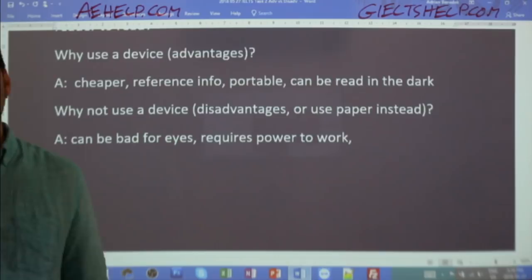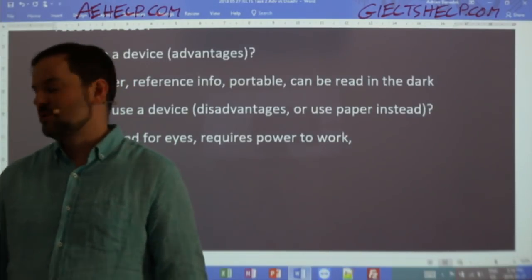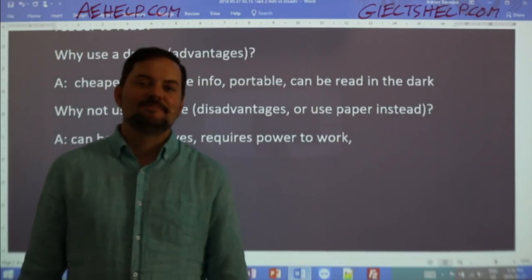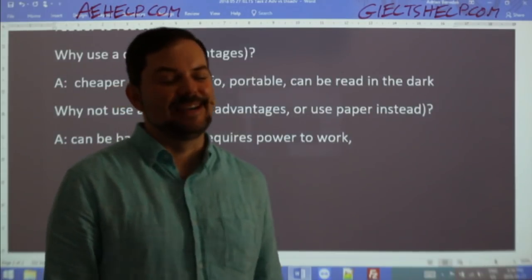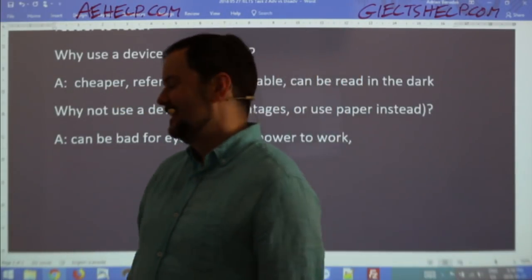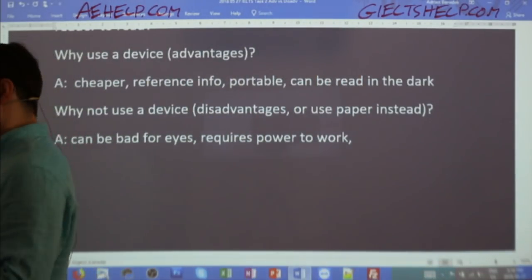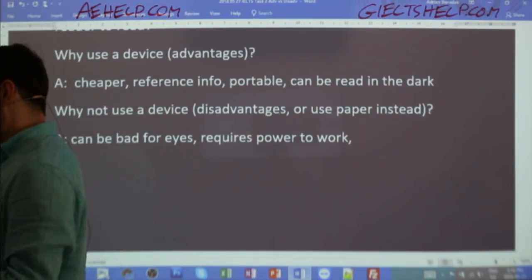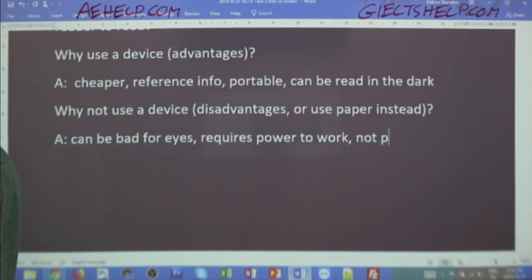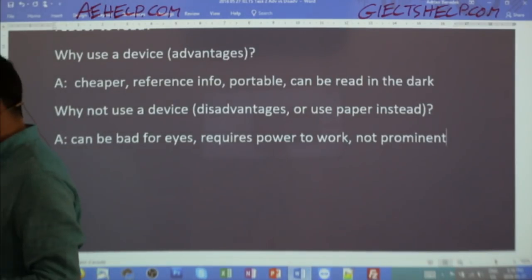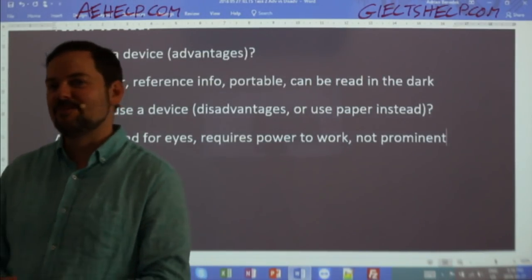So can be bad for the eyes, requires batteries to work. Anything else? There's actually something that's very negative about digital versions of books. It's not prominent. Does everybody understand what I mean by not prominent?